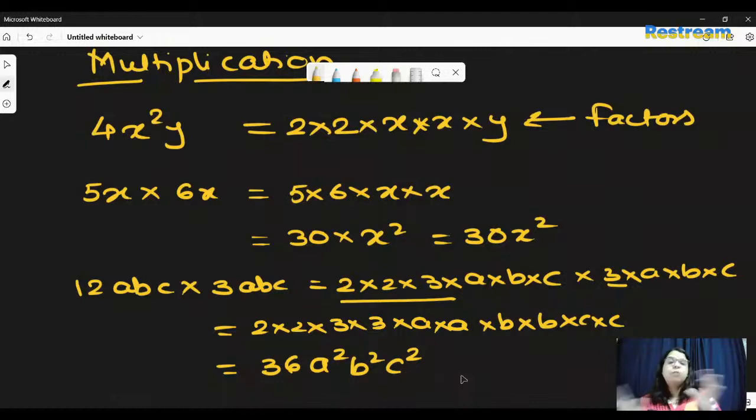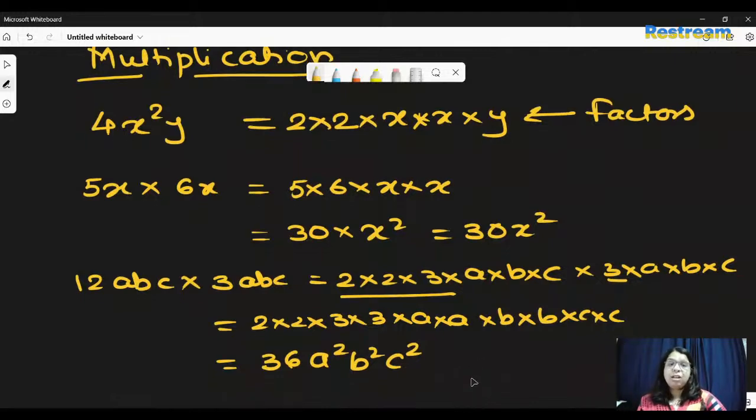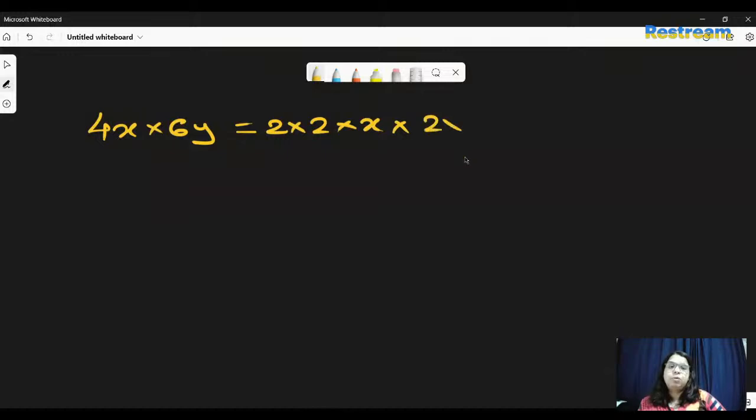Okay, so this was for like terms because we have same terms on all of them. What if I have unlike terms? Let's say I have 4x multiplied by 6y. Okay, so 4 will be 2 times 2 into x multiplied by 2 times 3 into y.